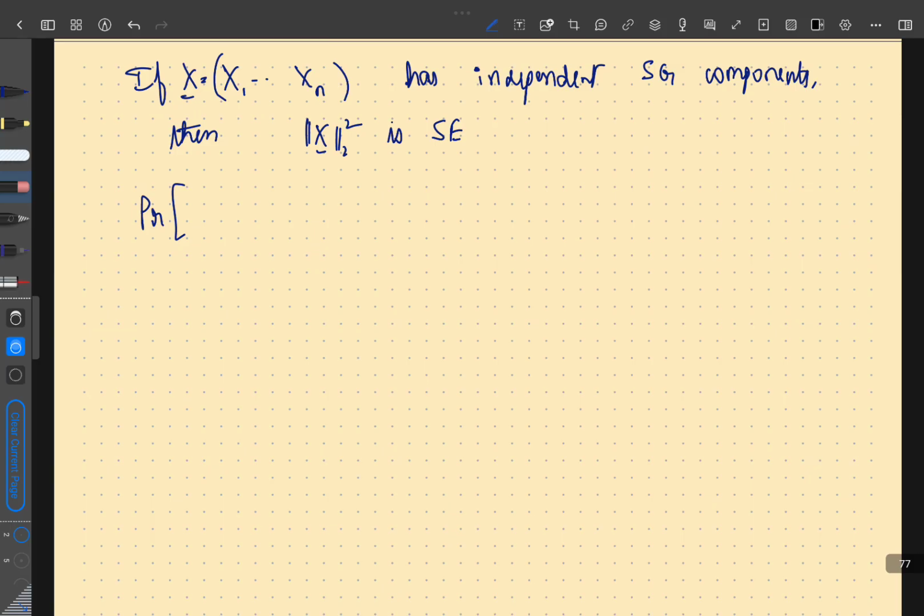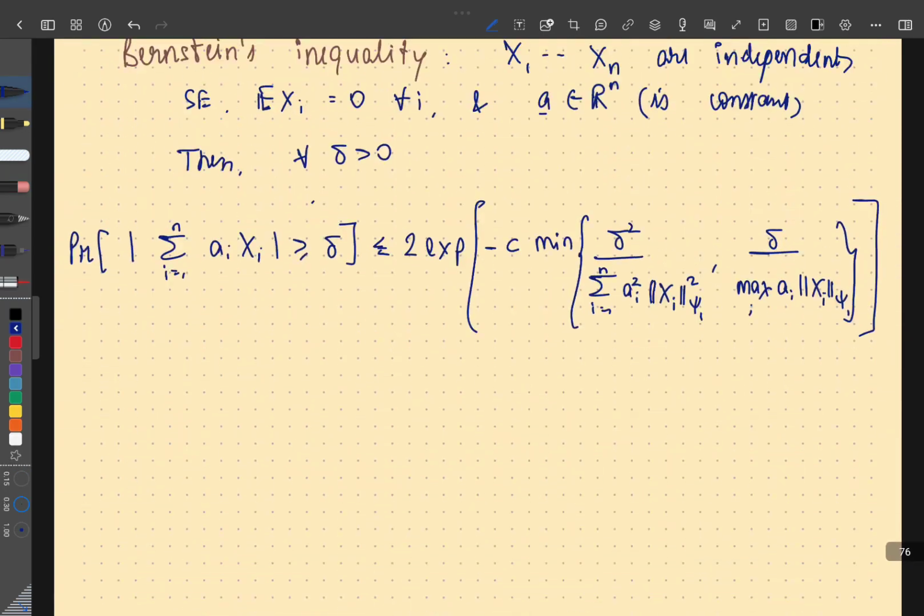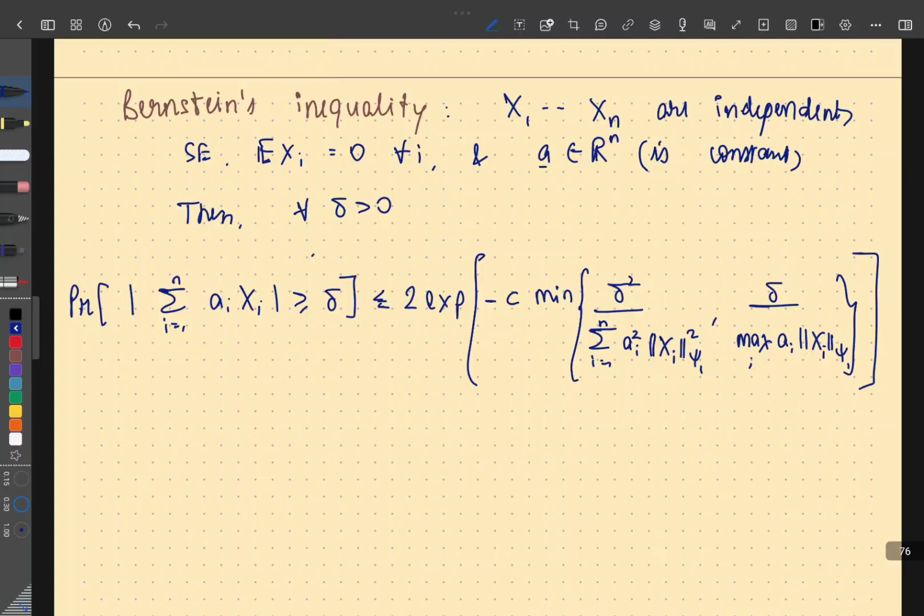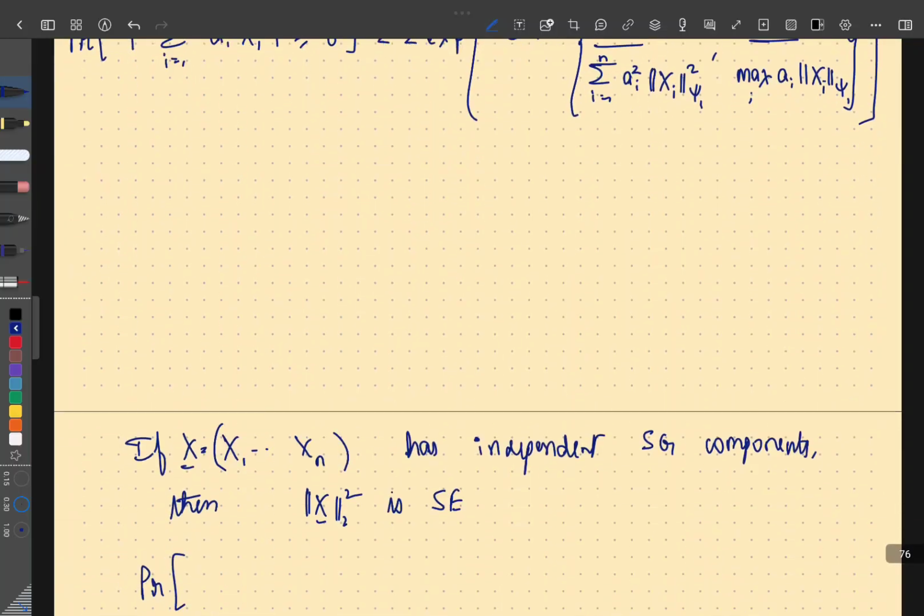But really what we are interested in is the centered version. If I want to apply Bernstein's inequality, I have to first make sure that the random variables are centered, that is, the expectation is equal to 0.